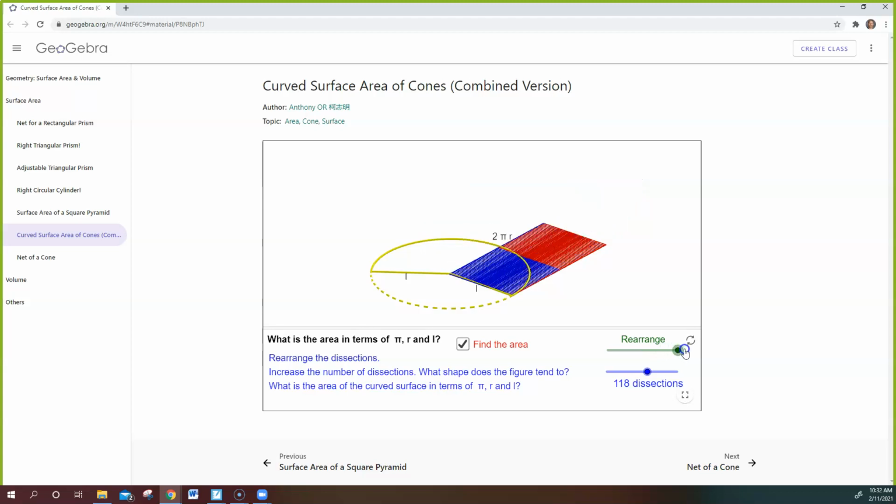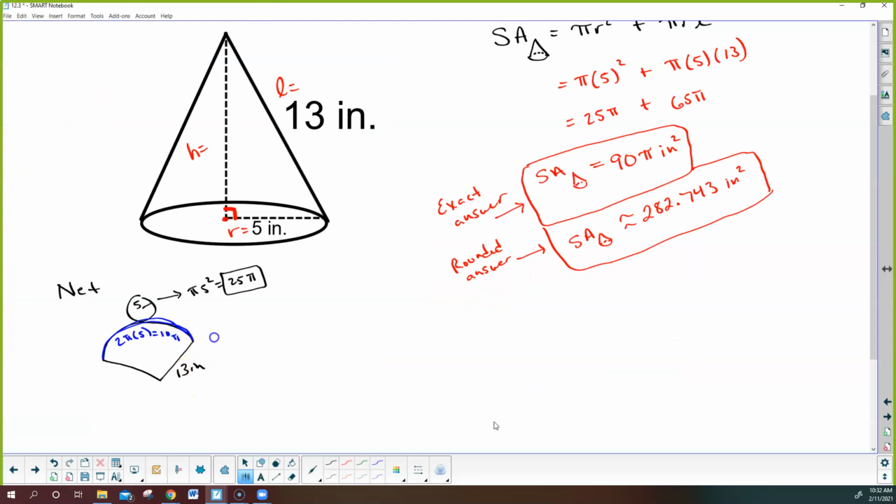Okay, half of the circumference times the slant height gives me the exact area of this sector. So if I take 1/2 the circumference times the slant height, well, we know the circumference was 10 pi, and we know that the slant height was 13. Half of 10 is 5. 5 times 13 is 65.